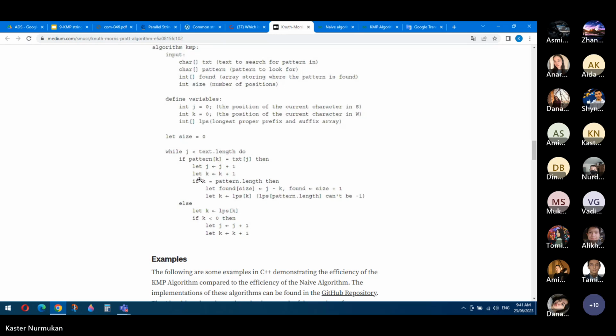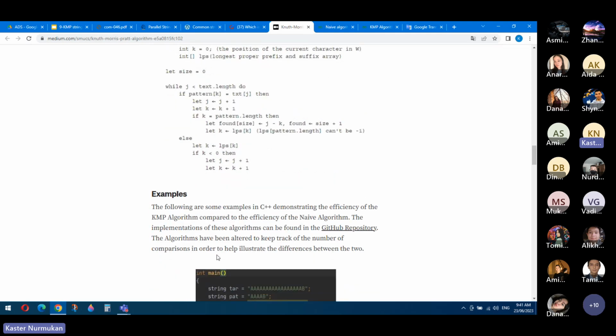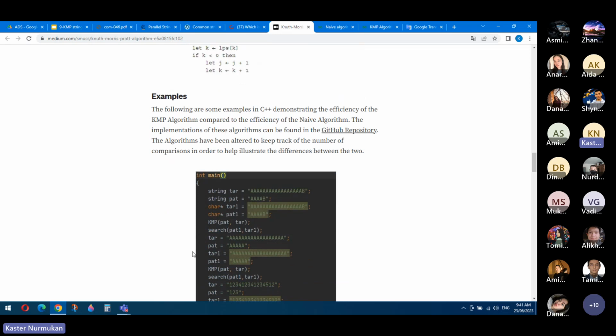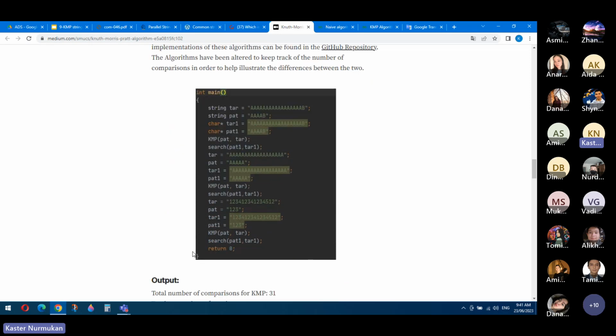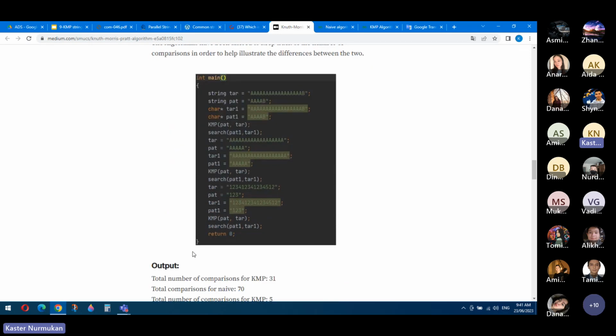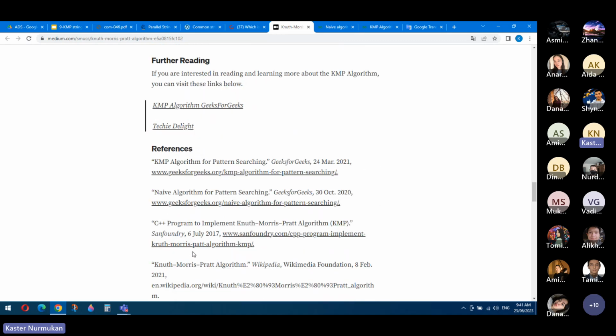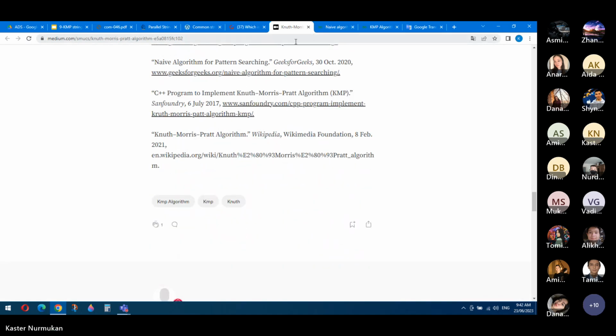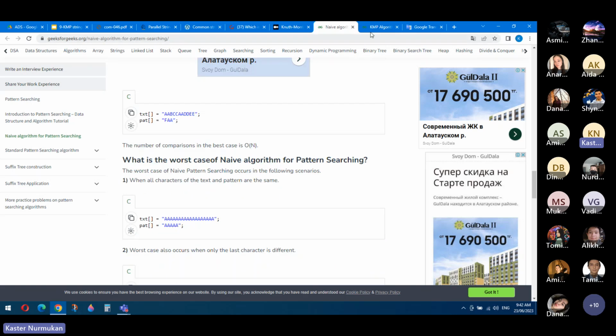Then based on the LPS table, they just move forward to where they next need to start comparing from. That's the reason KMP saves much more time than the naive algorithm itself.